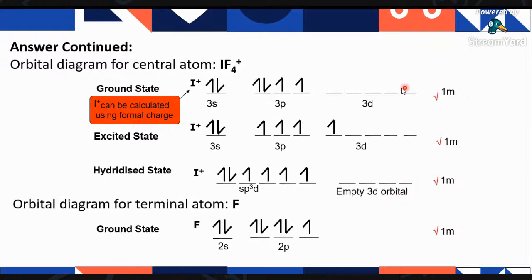As you can see clearly over here, 1 mark is given for each line, and it is important for you to identify the ground state, excited state, and the hybrid state. Do not just write out the diagrams without labeling the state. That is also not advisable. For the orbital diagram for the terminal atom, as you can see here, fluorine 2s and 2p are clearly written, and that would give you a mark.